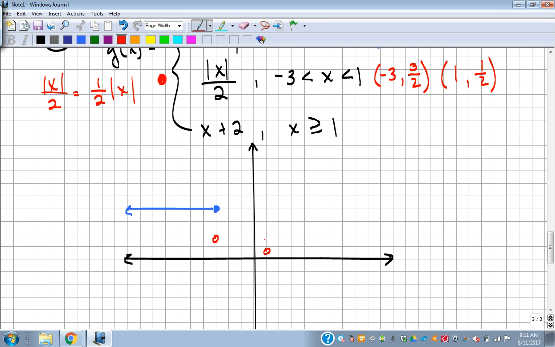What do we know about the vertex of absolute value of x over 2? Because it's an absolute value graph, we need to think about vertex. What's the vertex?